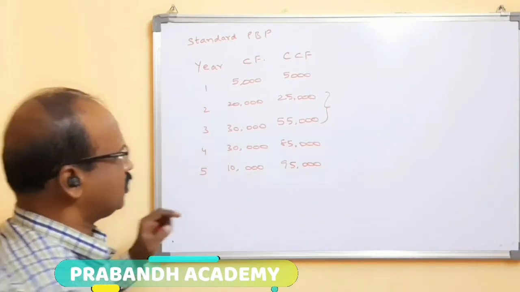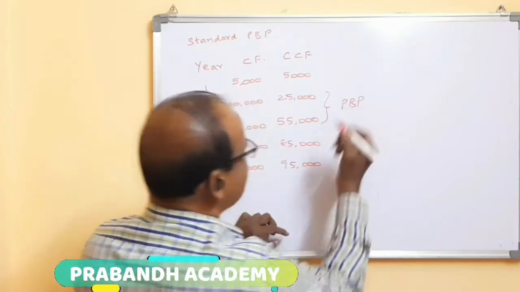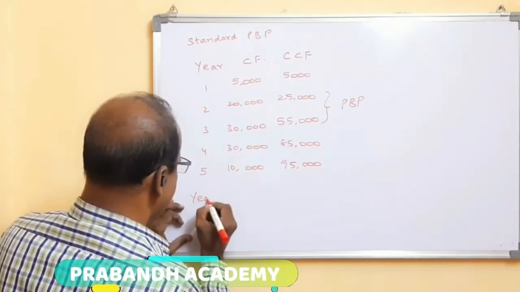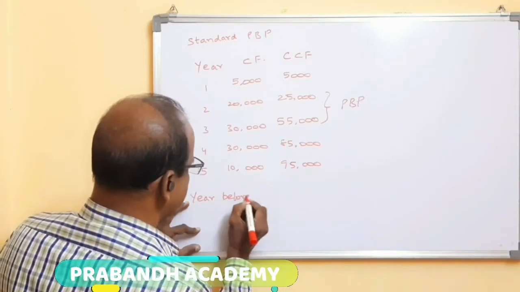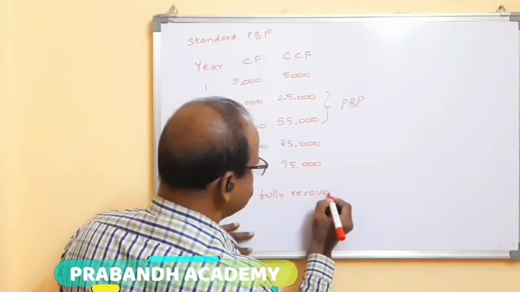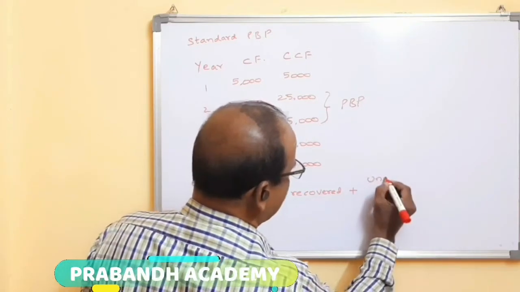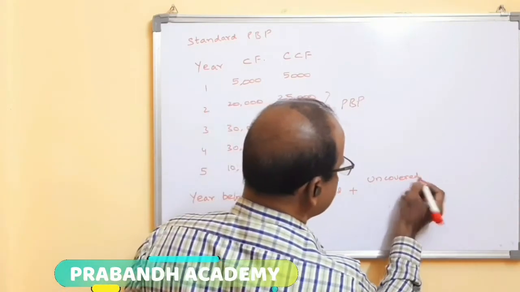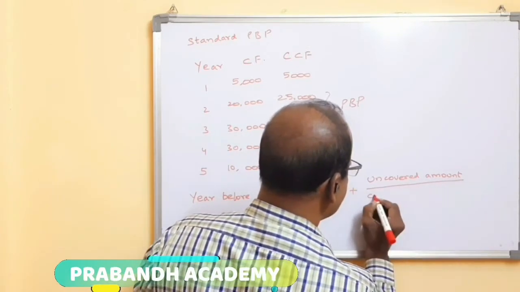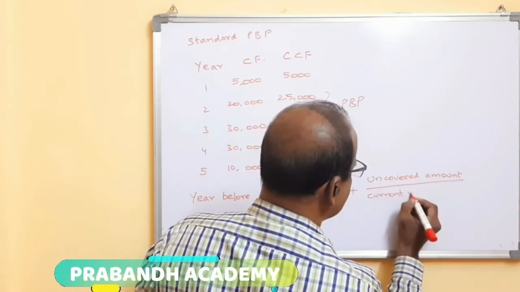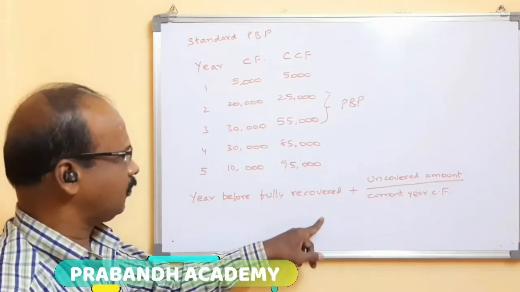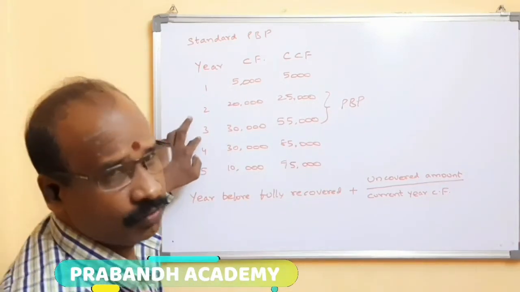And coming to the formula. So this is the payback period, but we want the exact payback period. How to calculate? Year before fully recovered plus uncovered amount by current year cash flow. So in this problem, we get third year fully recovered.